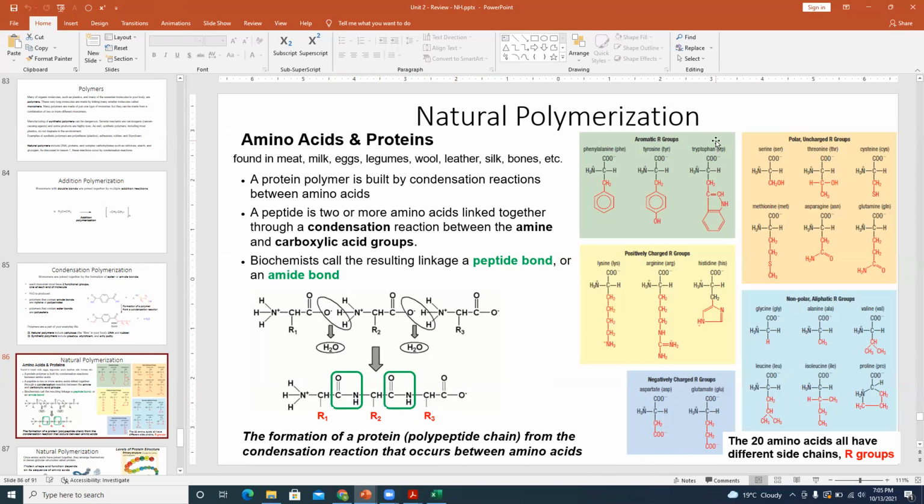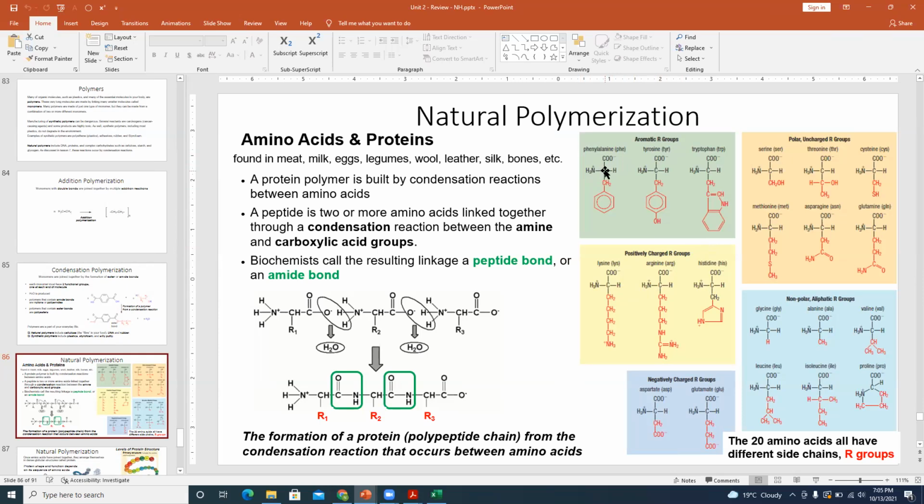So here on this side of the slide, I just have an example of the different amino acids that exist. There are 20 amino acids in all in nature, and each of them has the same basic base.